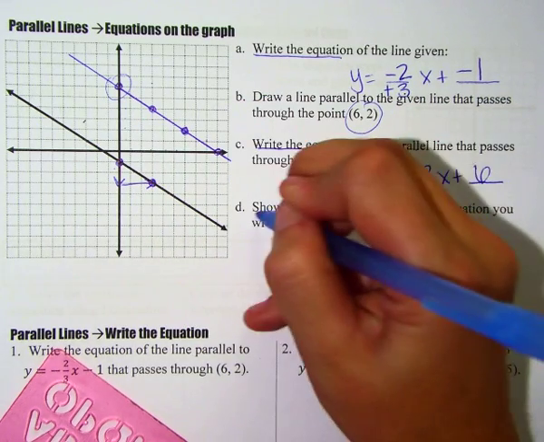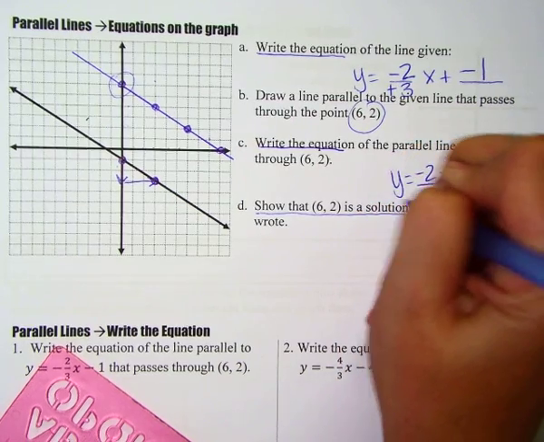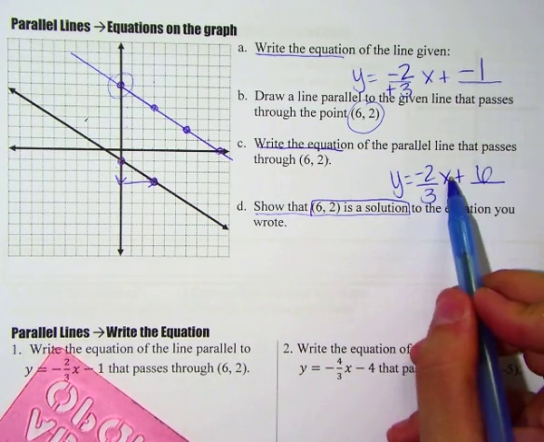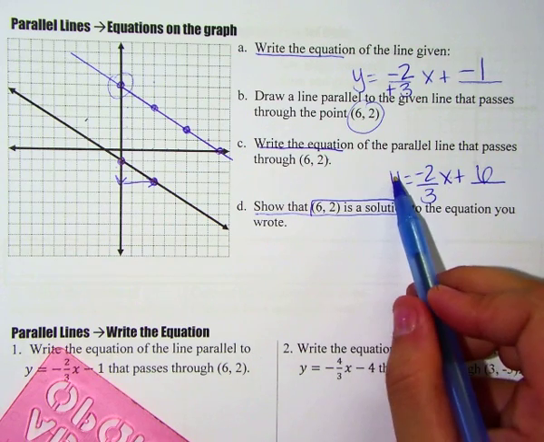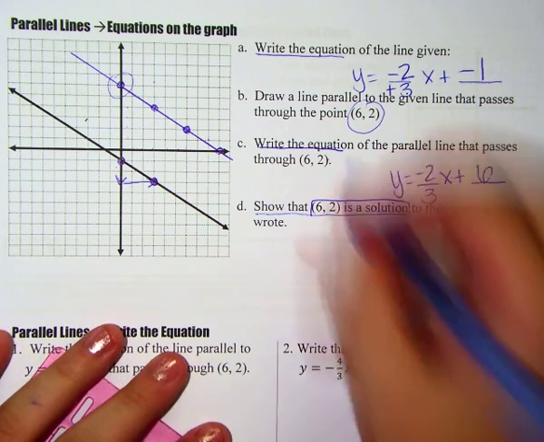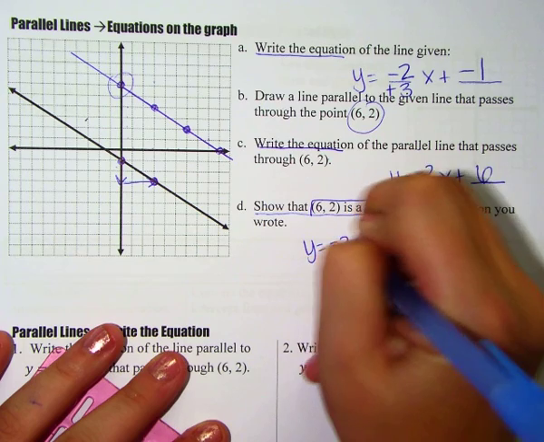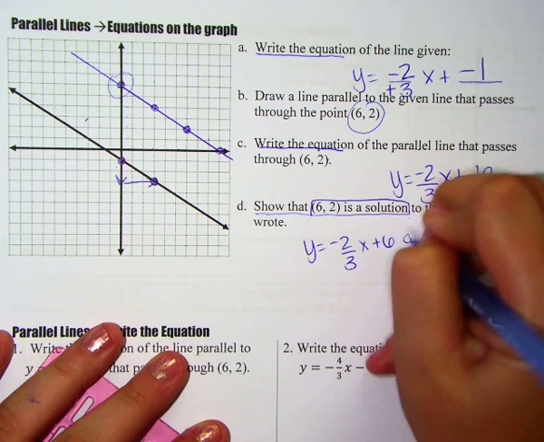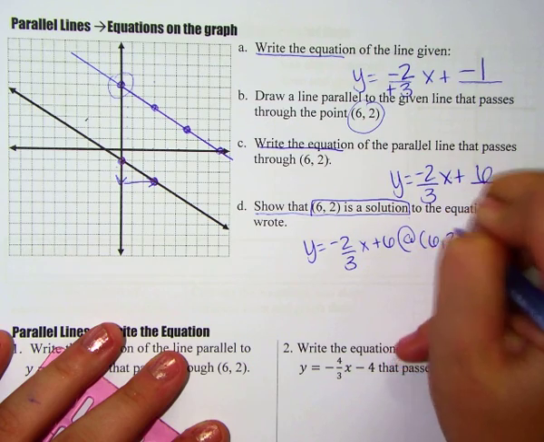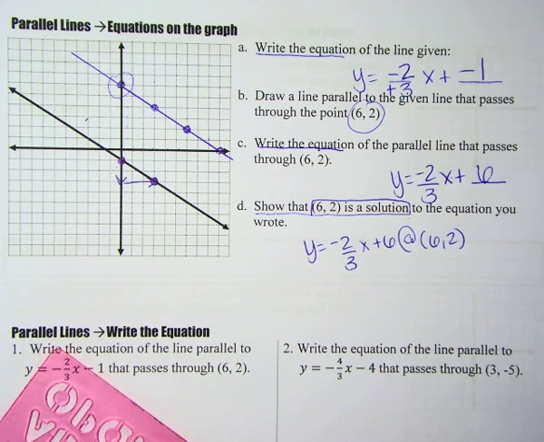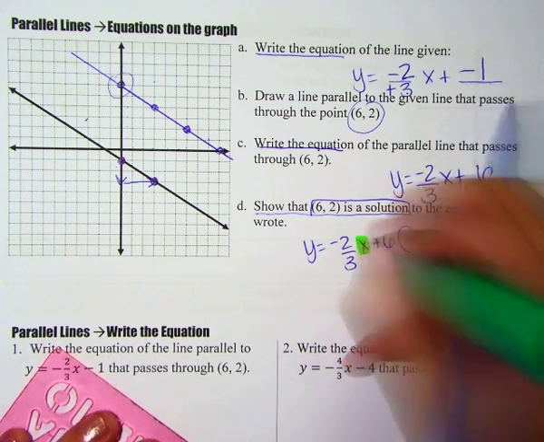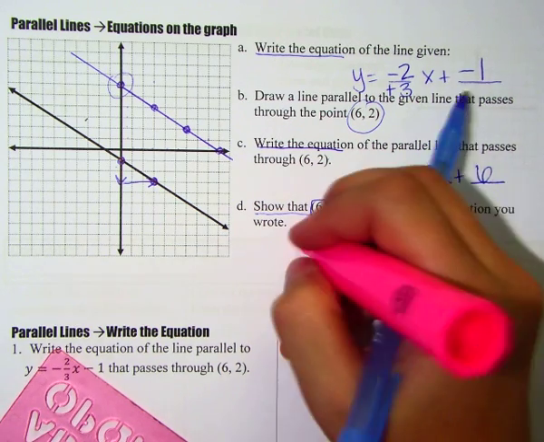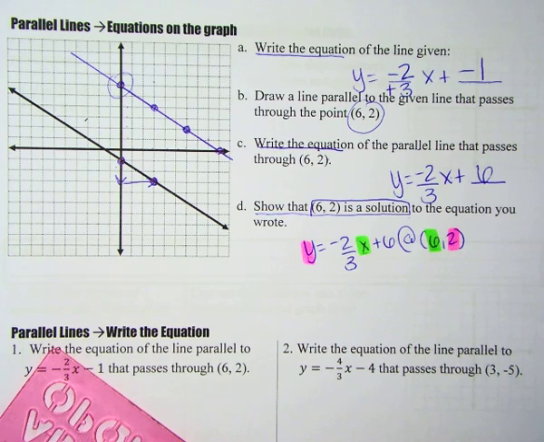So now we need to just show that 6, 2 is a solution. If it is a solution, when I substitute 6 in for x and 2 in for y, it will make this a true equation. So I'm going to substitute 6, 2. Everywhere that I see an x, I'm going to put a 6. Everywhere that I see a y, I'm going to put a 2.